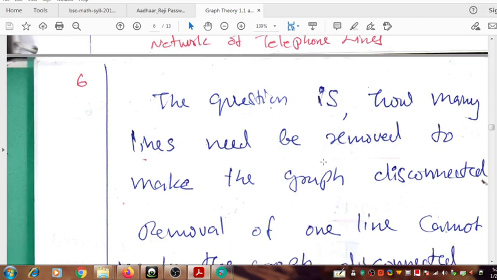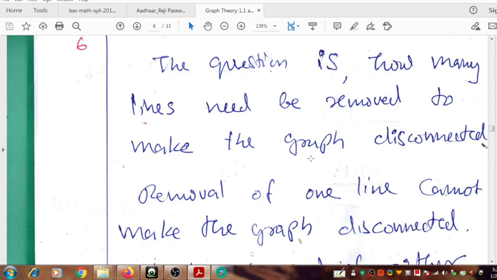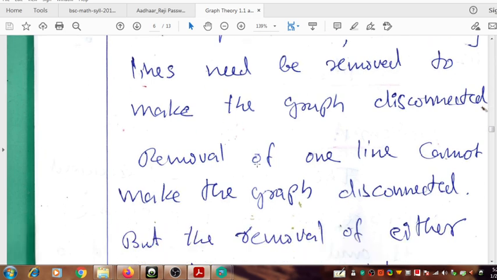Now, continuing with the remaining part of the same problem, in this part I have explained many of the ideas that we are going to see in this writing, so I will go just by reading those lines. The question is how many lines need be removed to make the graph disconnected.